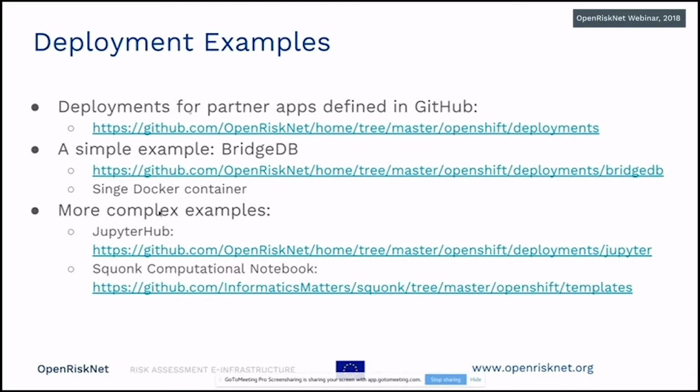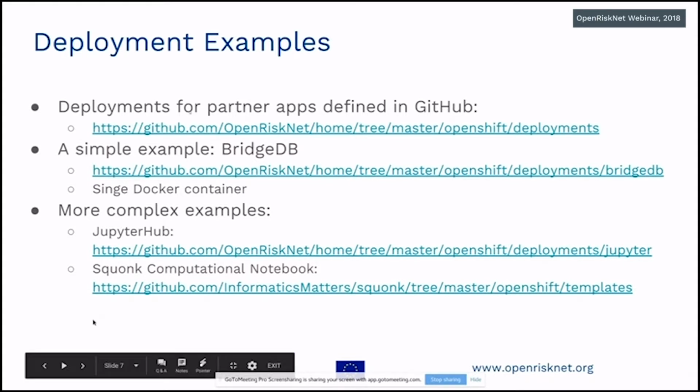Obviously, things aren't always simple, and we've got two examples here of things that are quite a bit more complex. One is our Jupyter Hub deployment that gives access to Jupyter notebooks, and the other is the Squonk Computational Notebook deployment, which gives access to the Squonk Computational Notebook.